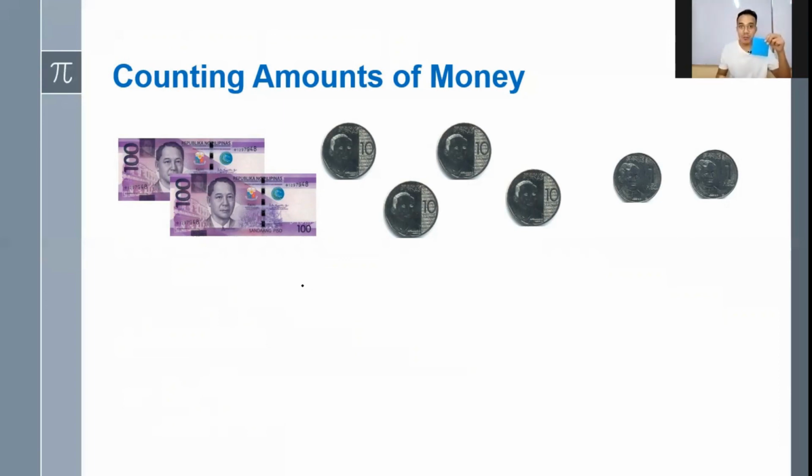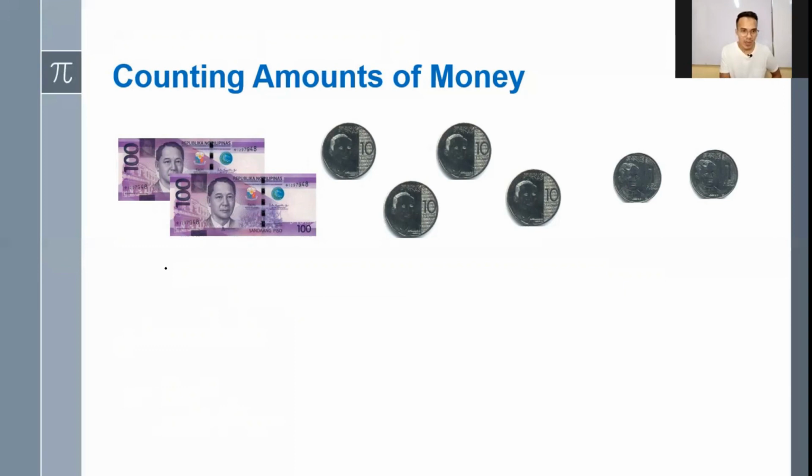And the 10 peso coin is the same as our 10 block, and the 1 peso is something like this. Okay, so let's start with this amount. Let's see how much amount we have given these bills and coins.